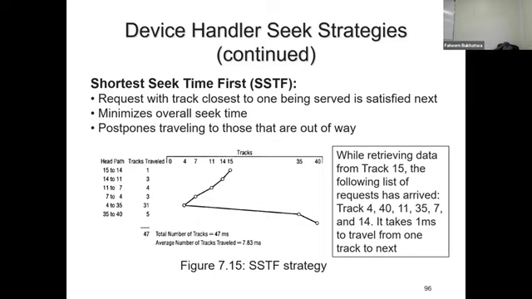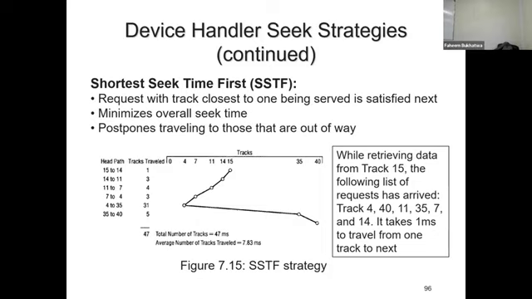But here, this one is the nearest, basically. So, what does this mean? Shortest seek. The seek is the movement of the head. You look for the shortest movement of the head. You pick the one that gives you the shortest and you go for it.